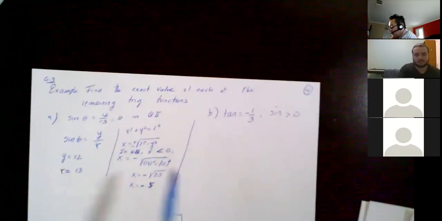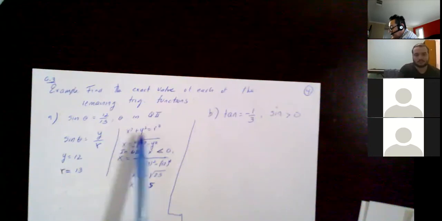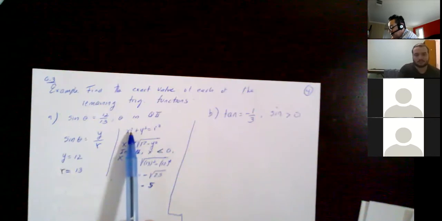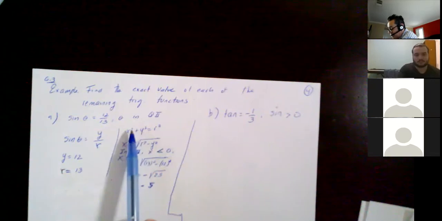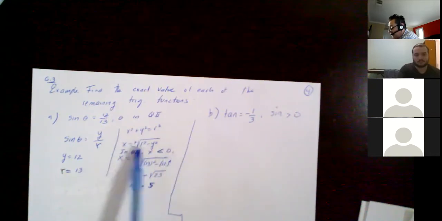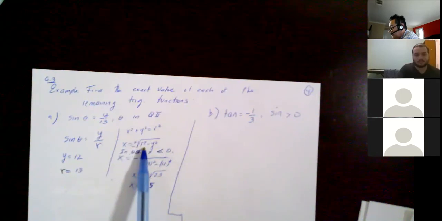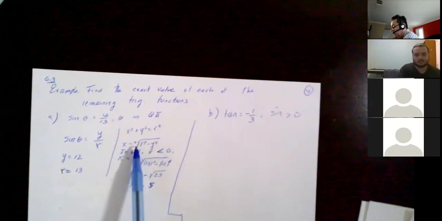In order to find the value of x, we can use the equation of the circle, which is also the same as the Pythagorean theorem. If we write it this way, we solve for x. x is equal to plus or minus the square root of r squared minus y squared. Notice we have the plus or minus here.